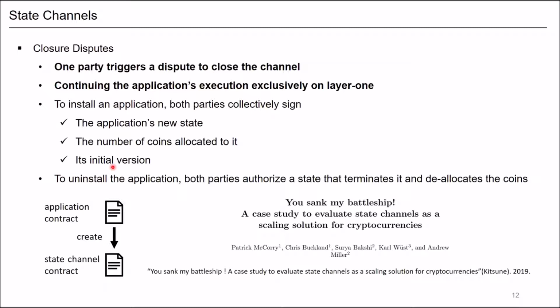To uninstall the application, both parties authorize a state that terminates it and deallocates the coins. So Kitsune in this paper relies on the same closure dispute process, but is designed to support n parties. It's Kitsune, the design of the Kitnet protocol.